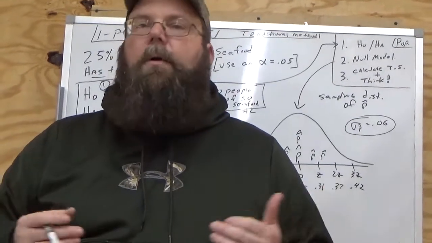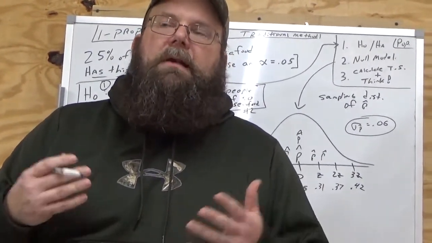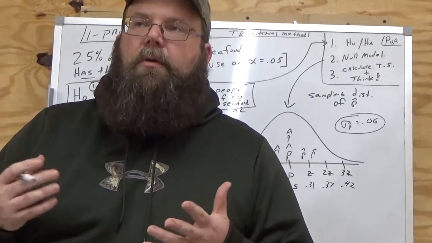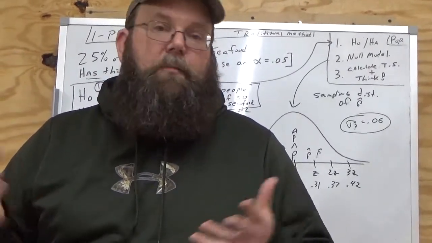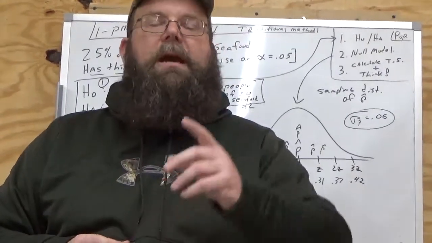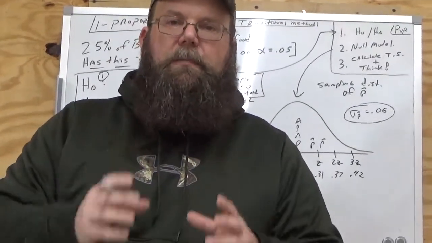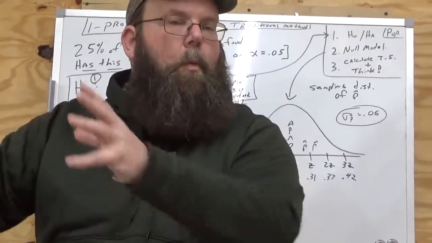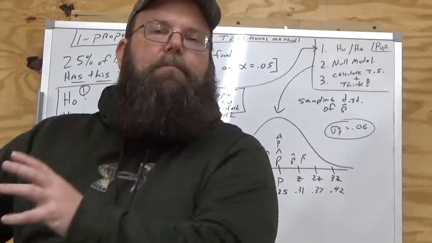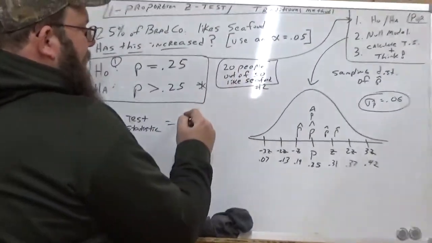We're testing the hypothesis. Does this p-hat tell us whether the number of people who like seafood has increased, decreased, or stayed the same? Why are we using the word statistic? Well, from chapter 1, way back in September, a statistic is something you calculate from the sample. So p-hat, the test statistic, is 20 out of 50.